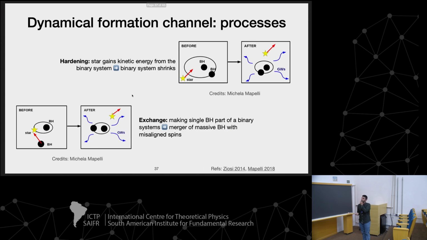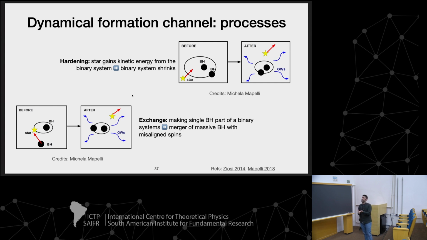The dynamical formation channel introduces a lot of processes. The first one is hardening. Basically, you have two black holes in the same binary system, and a star interacts with the binary and extracts energy from the binary system, and this shrinks the binary.